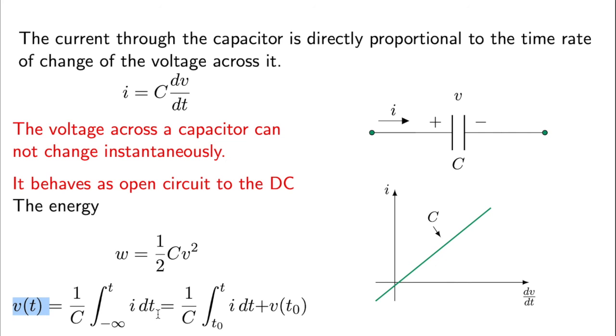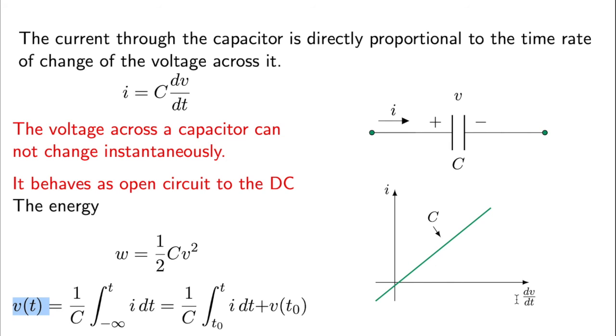So you can say this also has a memory. We will be dealing with linear circuit arrangements, so linearity has to be established between the current and the voltage. Here on the x-axis it is the current, but on the y-axis it is dV by dt. So that is the characteristic.